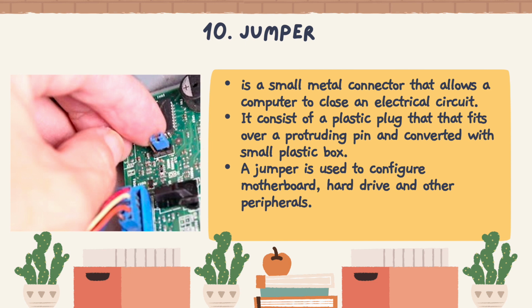There's a tiny switch inside the robot that controls its speed, but it's hard to reach. This switch is like a jumper on a computer motherboard. To change the robot's speed, you use a special tool to move the switch. So, si jumper is para siyang secret switch natin na nando sa motherboard or sa setting ng motherboard.